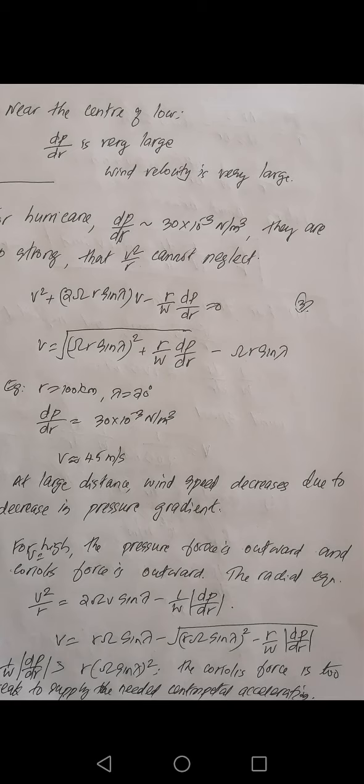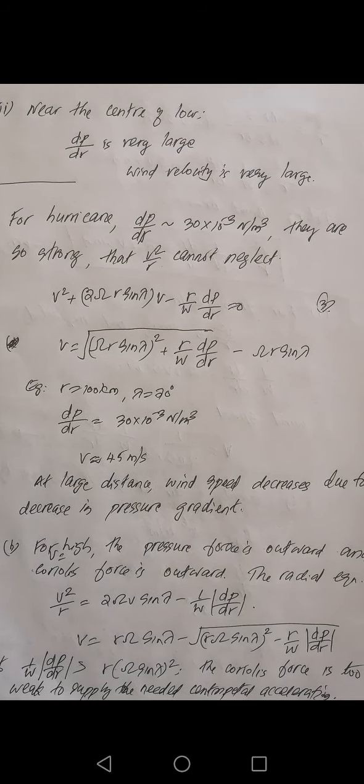I will explain why. Here the Coriolis force is inward, and it will be too weak to supply the needed centripetal acceleration against the large outward pressure force.